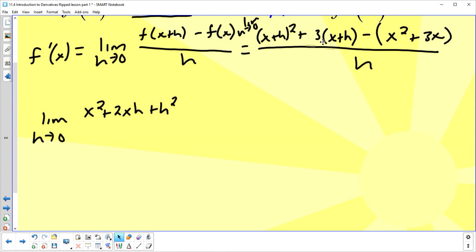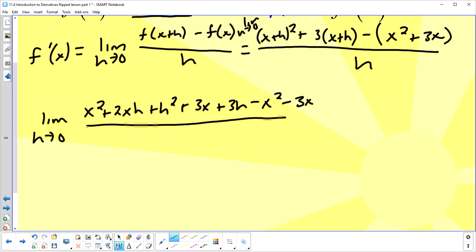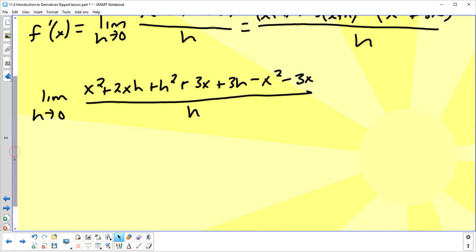I'm going to distribute my 3 here, so plus 3x plus 3h, and distribute my minus sign, so minus x squared minus 3x, and the whole thing is still over h. Okay, so that's the first step in finding the derivative. Now, a big thing that we want to find here is that things with only an x term should disappear as long as we've done our algebra correctly. So we have an x squared and a minus x squared, so I know those 2 are going to cancel out. I also have a minus 3x and a plus 3x, so I know those 2 are also going to cancel out.